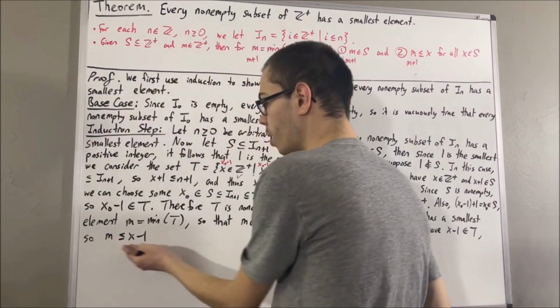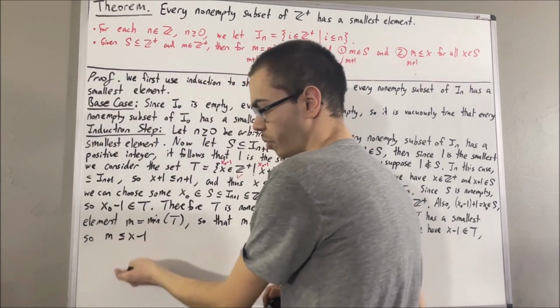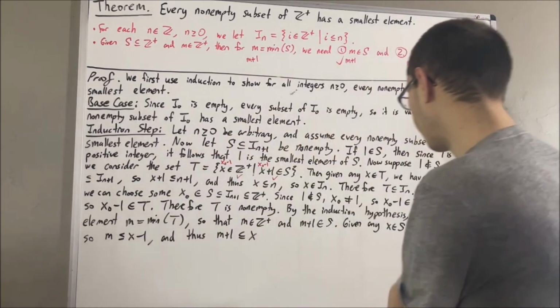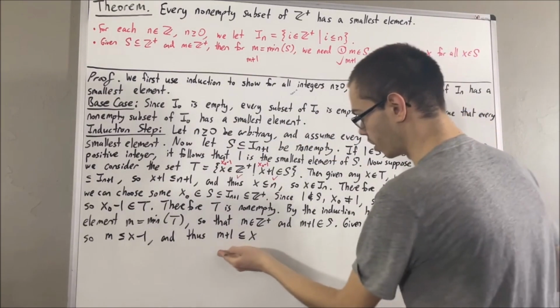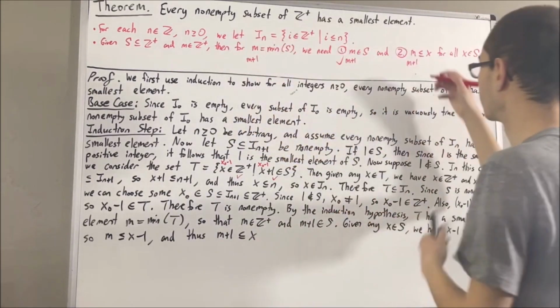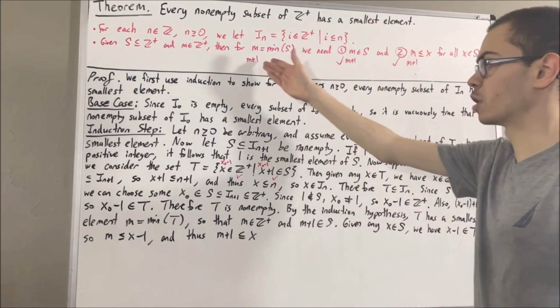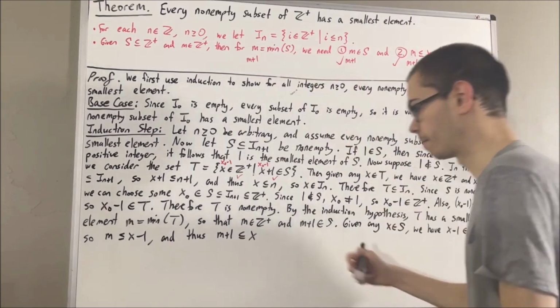So then, adding 1 on both sides, we get x is greater than or equal to m plus 1. So this shows if x is any element of S, then x is greater than or equal to m plus 1, which shows that this condition is satisfied. And therefore, m plus 1 is the smallest element of S.